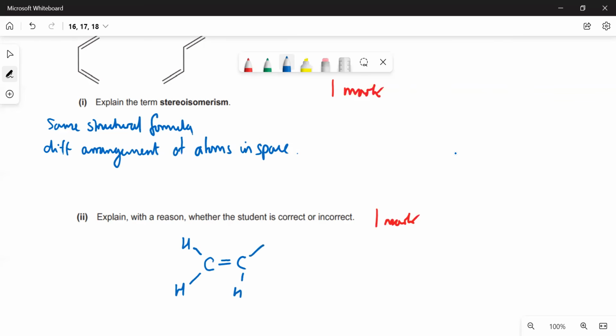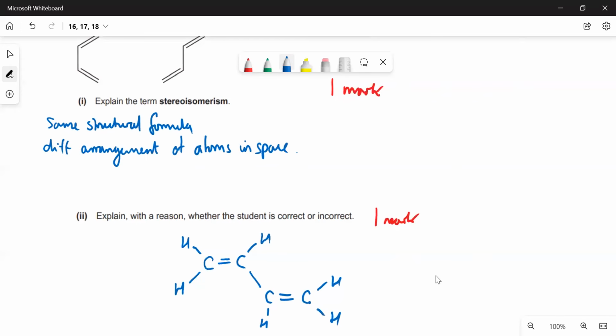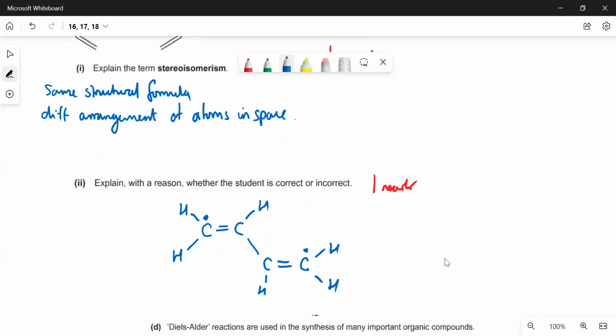Let's look at the other double bond. Right, we've got another double bond, but again, that's the same as well because you've got two hydrogens attached to the carbon on the end there. So you can't have two arrangements around that double bond. So the student is incorrect because these carbons both have two identical groups stuck to them. So no EZ isomerism is possible.